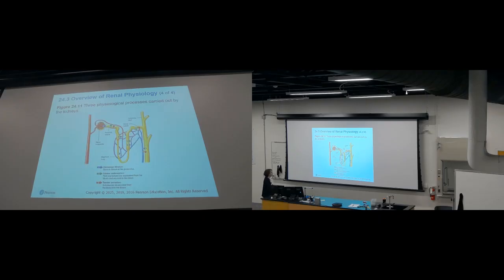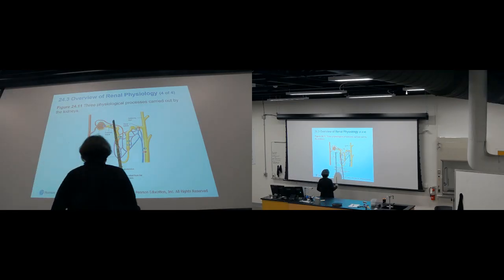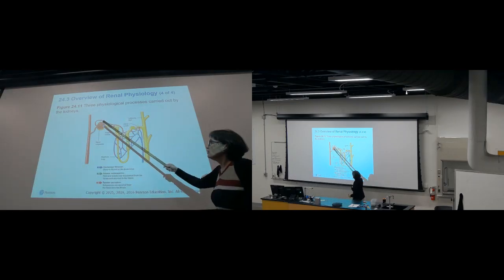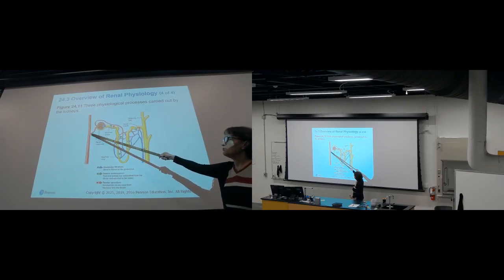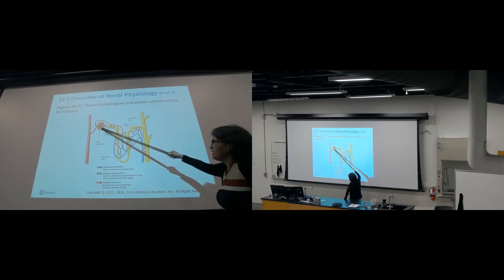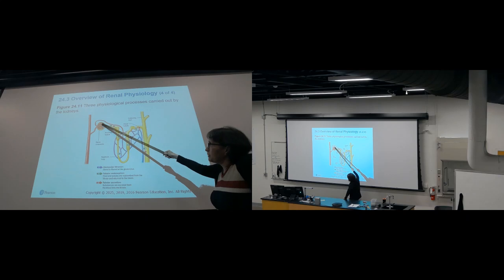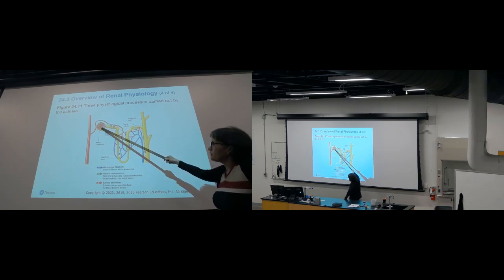So here is filtration, reabsorption, and secretion. You exclusively filtrate here. You have your afferent arteriole bringing blood into the glomerulus, and as pressure increases here, you filtrate molecules from plasma, and then you end up with a fluid that is called the filtrate in this capsule.